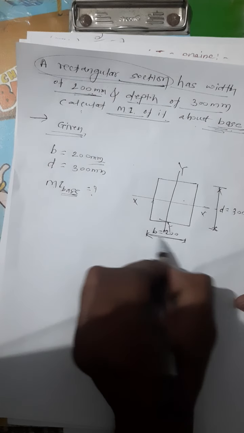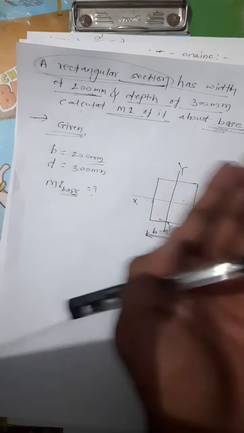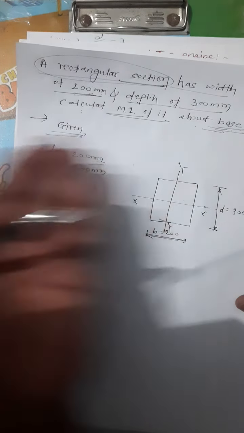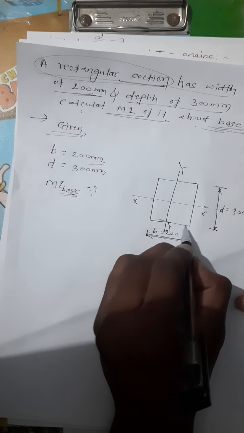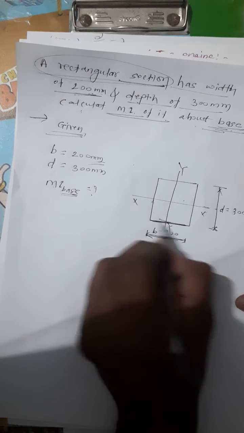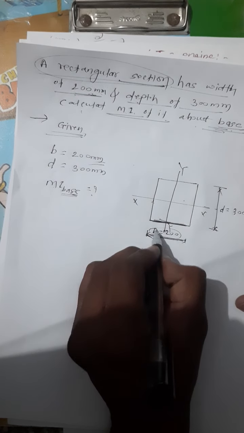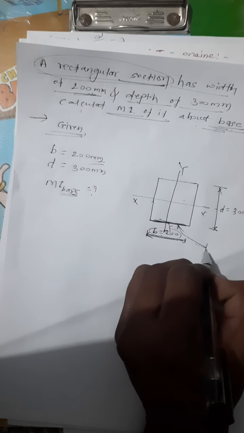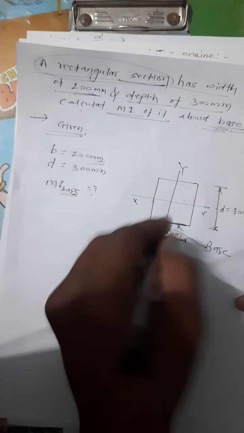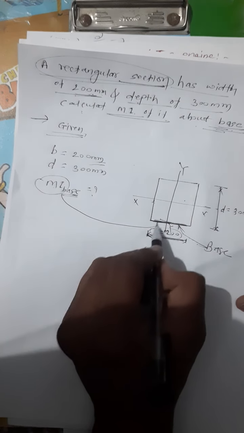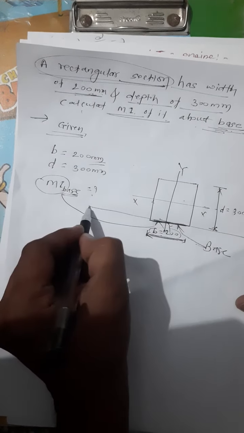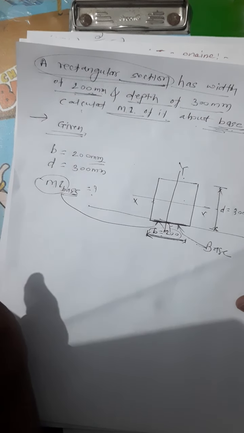Base means parallel to the earth. So this edge of the rectangular section, being parallel to the earth, becomes the base. They want to calculate MI about this base.